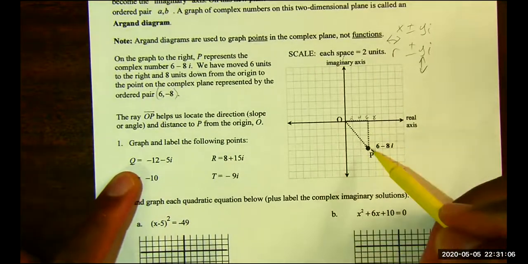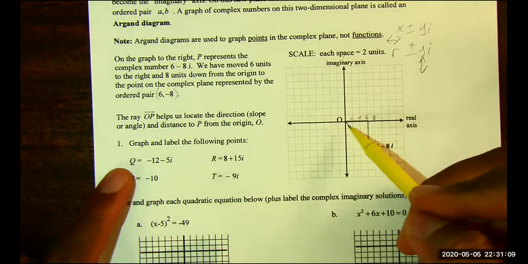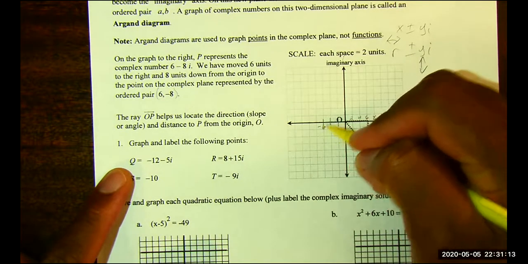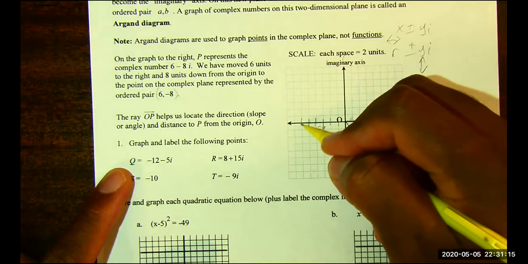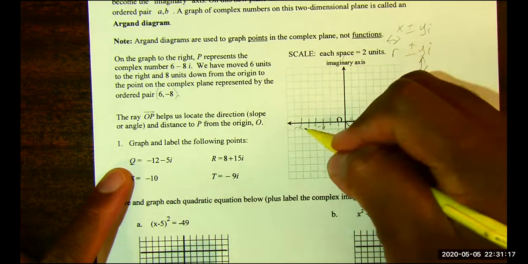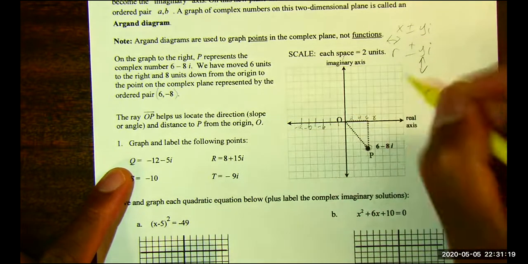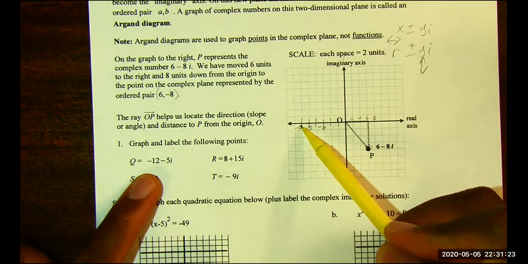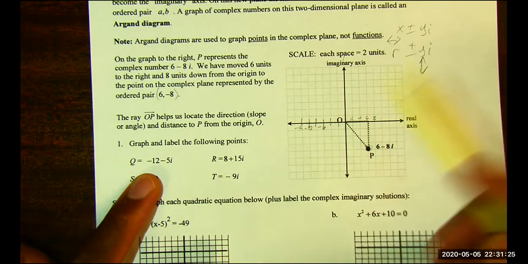Imaginary points. I'm going to actually do open circles because they are imaginary. 1, 2, 3, 4, 5, 6, 7, 8, 9, 10, 11, 12, -12. Okay, so my real part, I'm going to move to the left 12. In my imaginary part, I'm going to go down 5.